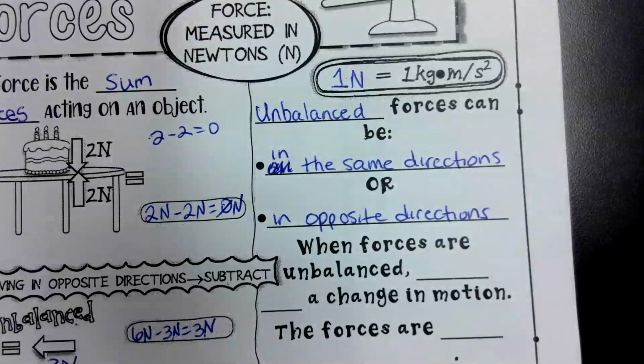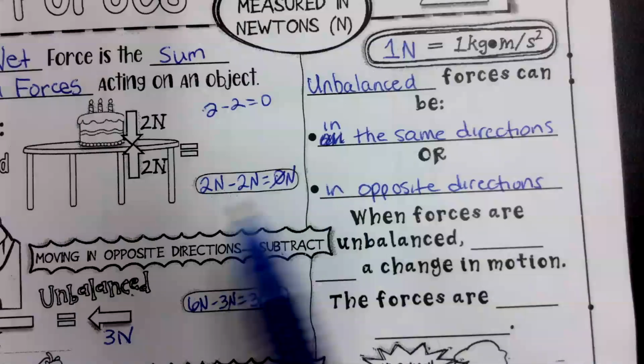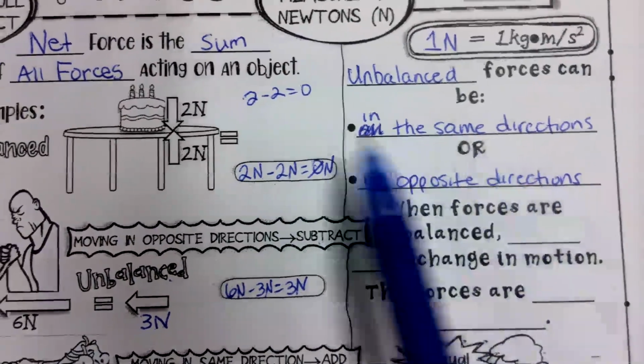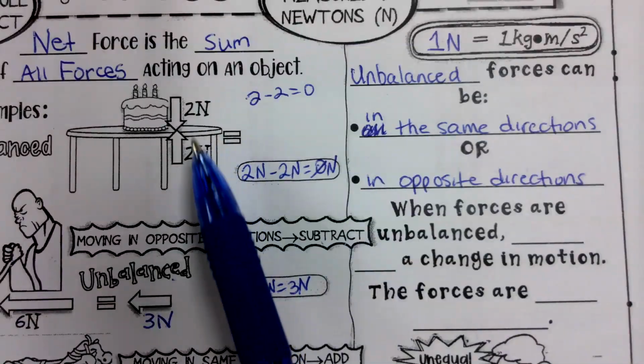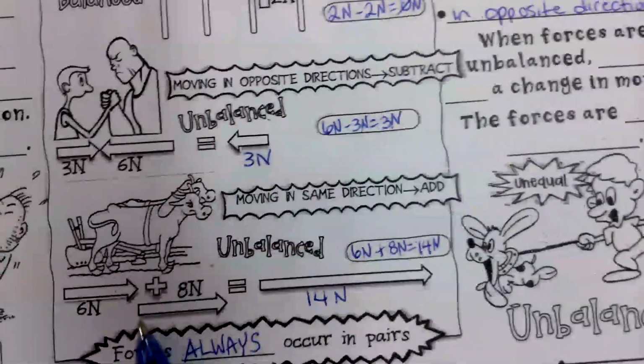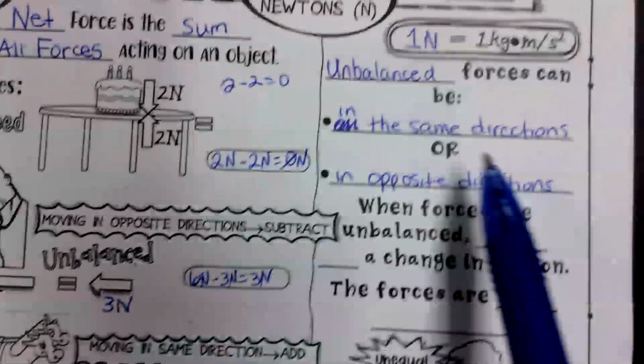Sorry, I can't read my notes. Like that. Again, we just figured that out over here. They can be either in the same direction down here, or they can be in opposite directions.